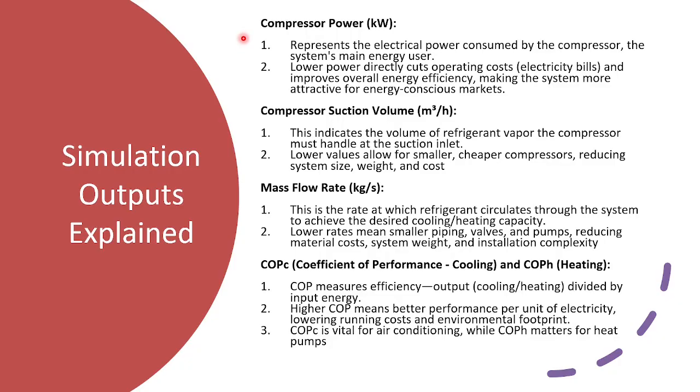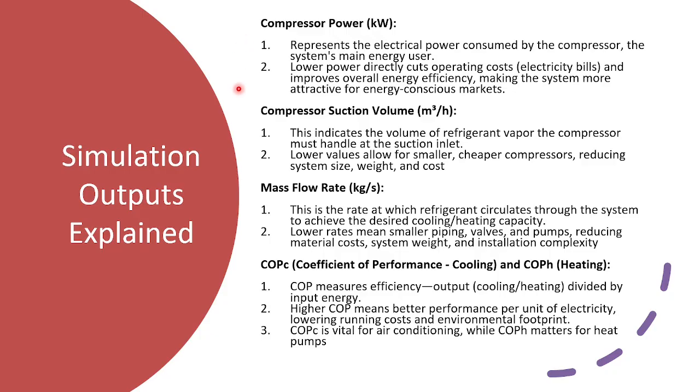So first is the compressor power. Compressor power represents the electrical power consumed by the compressor, the system's main energy user. Lower power directly cuts operating cost, that is the electricity bills, and improves the overall energy efficiency, making the system more attractive for energy conscious markets.